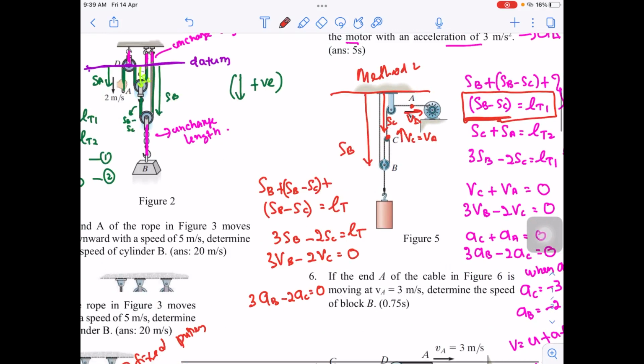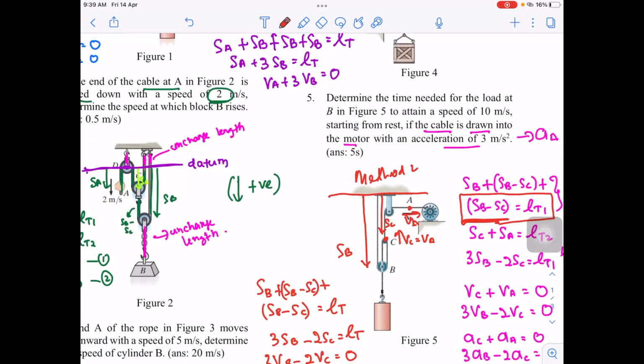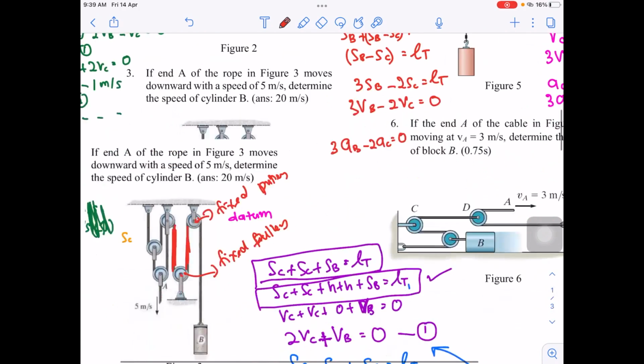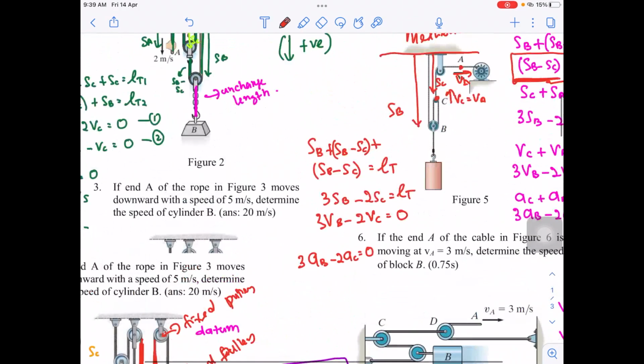Okay. So kalau ditanya motor VA bergerak sebanyak 3, if cable is drawn into the motor with acceleration of 3, sebenarnya motor ni juga akan gerakkan BC sebanyak 3. So masukkanlah 3 kat sini.